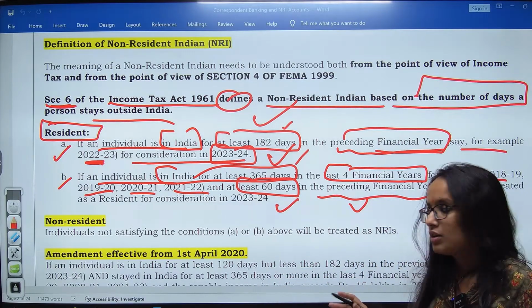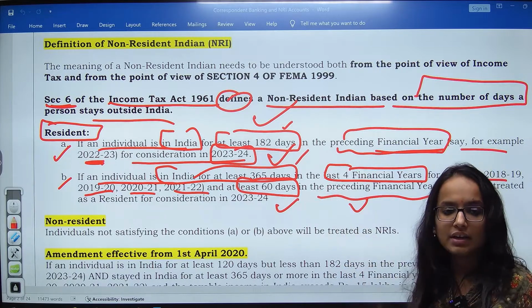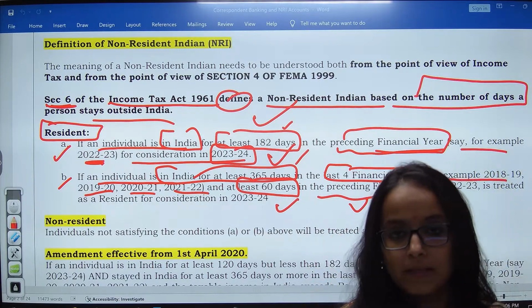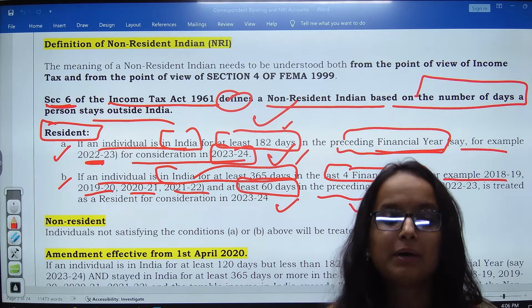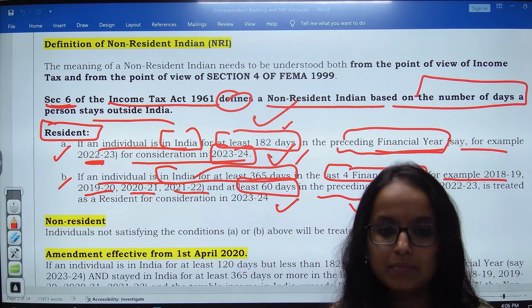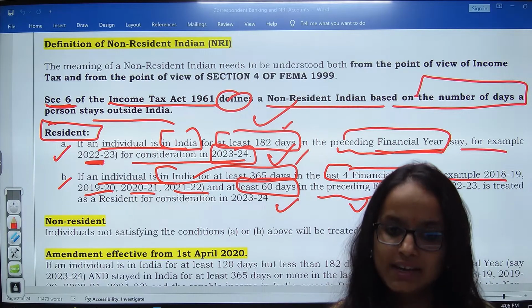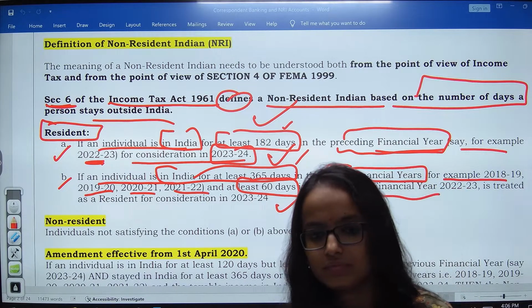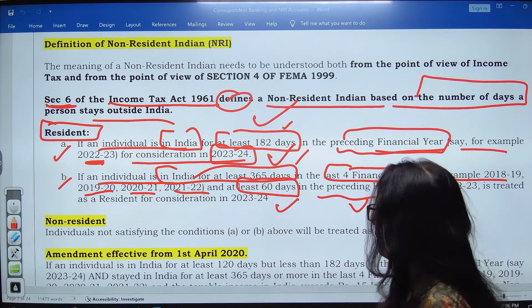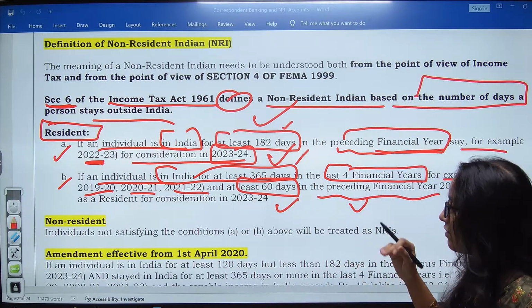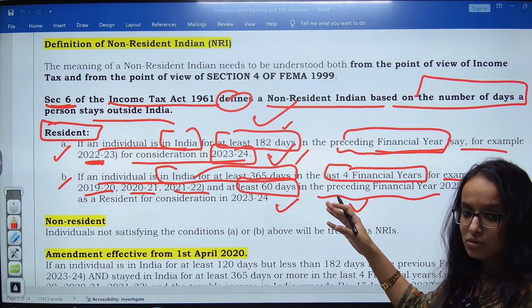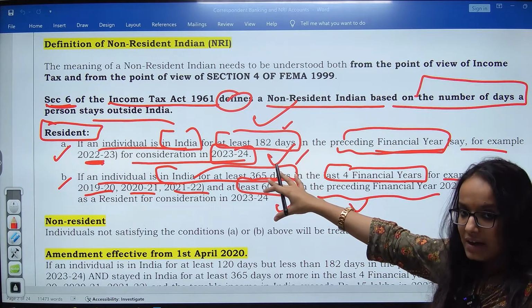So these are the 2 criteria for the person to be classified as a resident of India for the purpose of taxation as per the Income Tax Act 1961. Okay. So is this clear? So we have understood what a resident means right now.